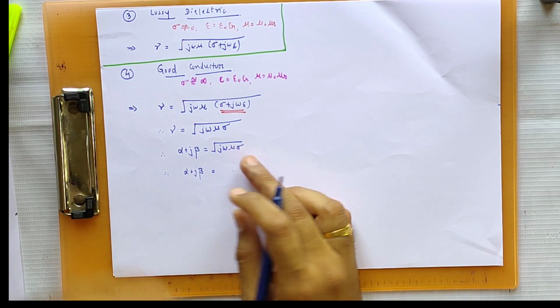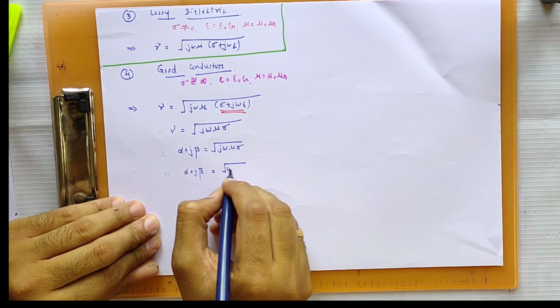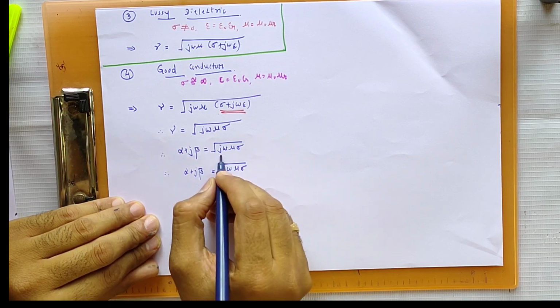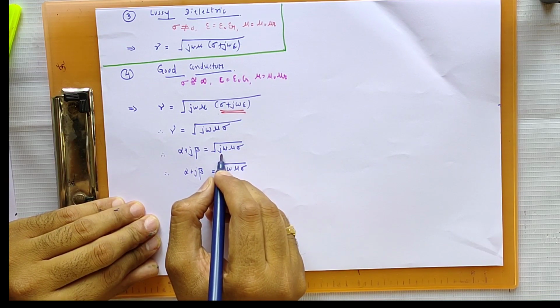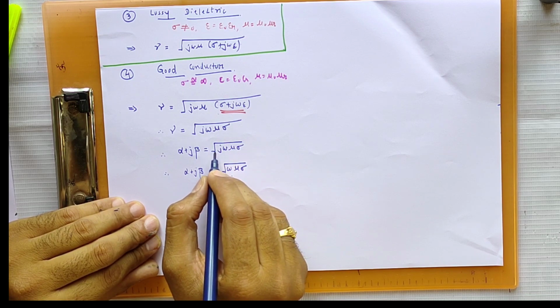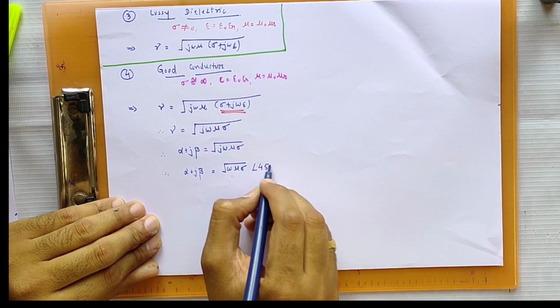It is the square root of omega mu sigma, this is the magnitude. And what is the angle? The angle of j is 90 degrees, but it is under the square root, so the angle is half, which is 45 degrees.